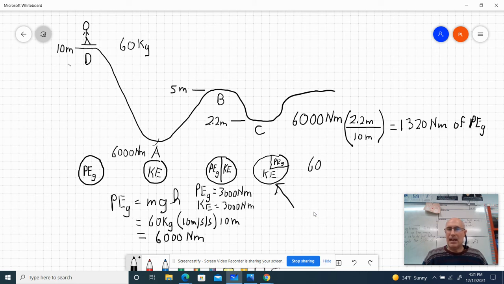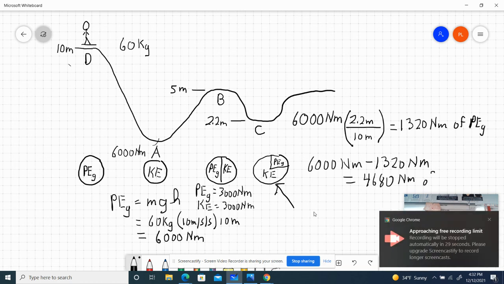So if I take 6,000 Newton meters and I subtract 1,320 Newton meters, I should be able to get my kinetic energy. And so that is 6,000 minus 1,320 equals 4,680 Newton meters of kinetic energy.